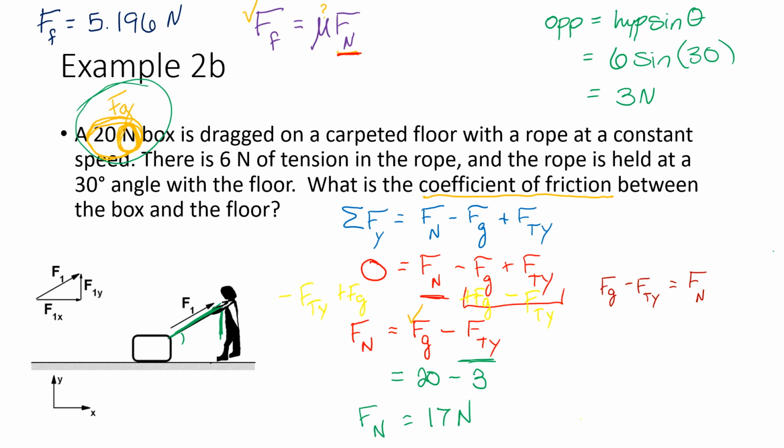All right, almost done. So, up here, what was our force of friction? It's what we calculated before on the previous problem, right? So this is 5.196. The normal force is what we solved for down here, so 17.